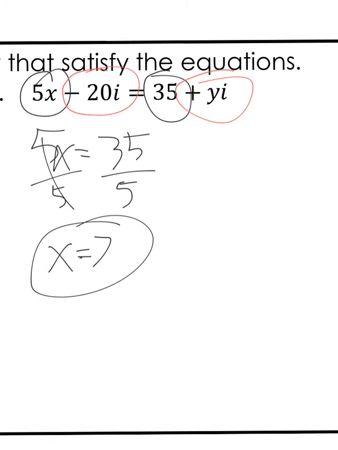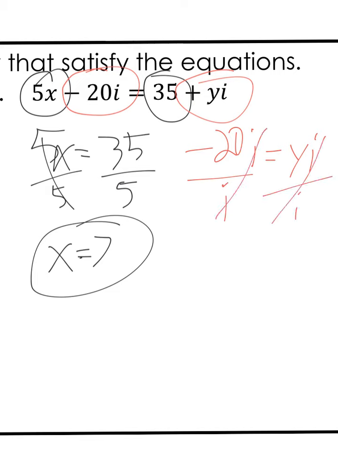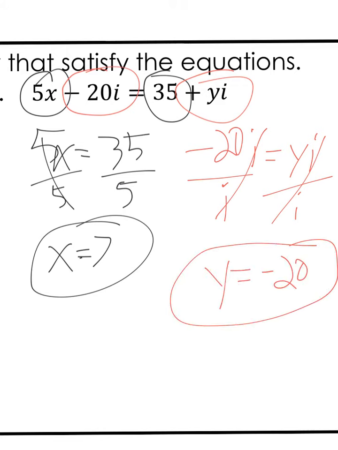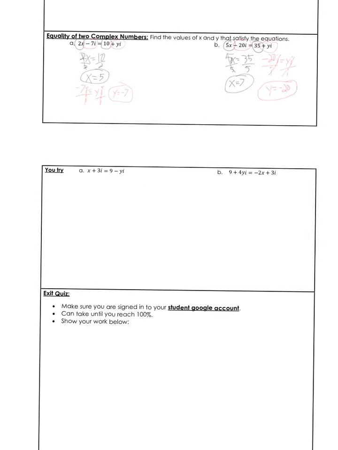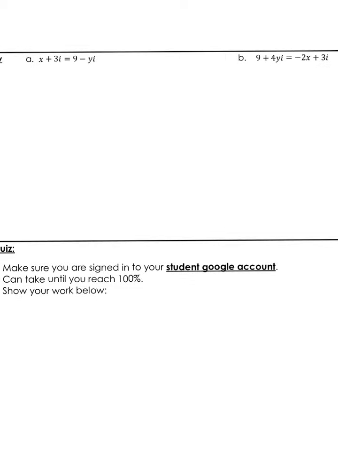And then in red, I'm going to write negative 20i equals yi. Again, you can just do this by eyeballing, but this is notes, so I'm going to show my work. Divide i to both sides, and you get y equals negative 20. And that's it. So why don't you give these next two a go, all right?